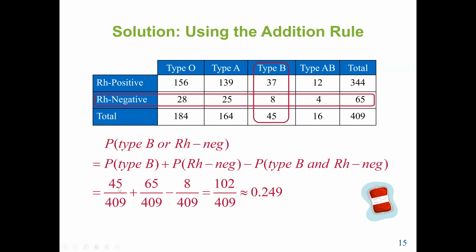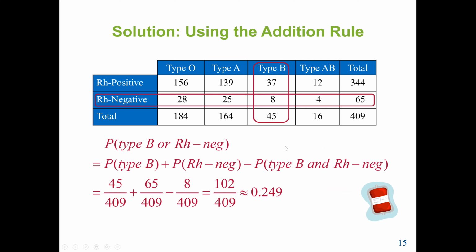Then the probability that both events will occur, type B and Rh negative, as we see in the table, is 8. So it will be minus 8 over 409 total. So that's what we have here. Approximately, we get 0.249. So the probability of type B or Rh negative will be the probability of type B plus the probability of Rh negative minus the probability of type B and Rh negative.